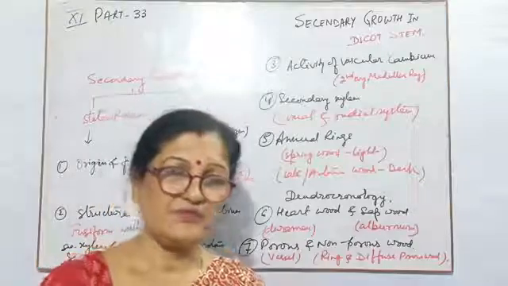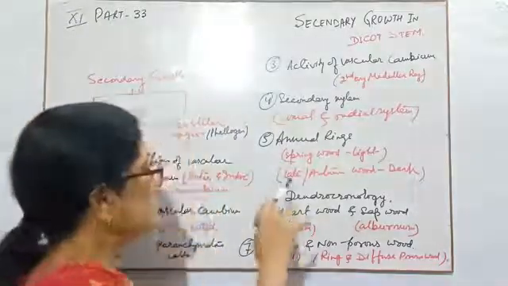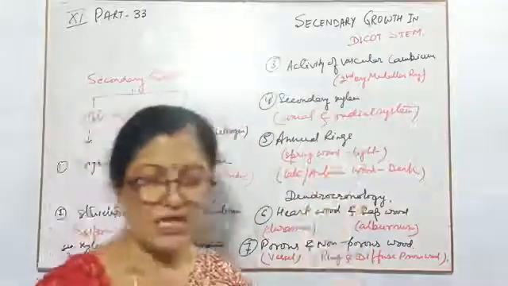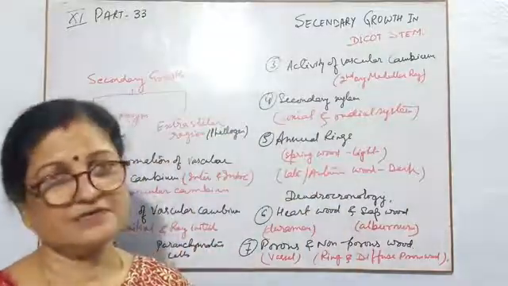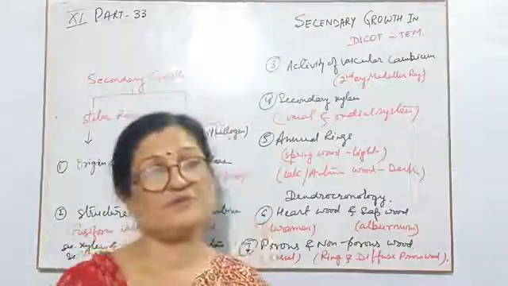They have some transparency along with the minerals. So it is known as spring wood, and it is light in color. And they are also very far away from each other.